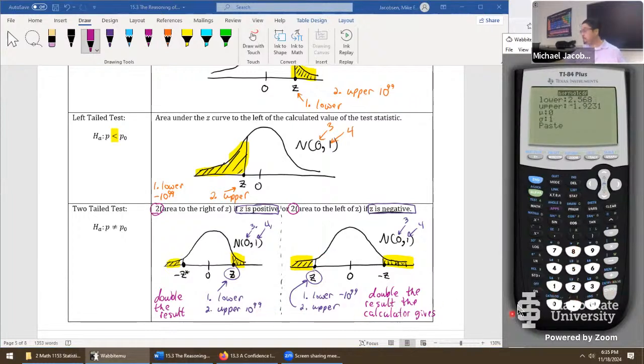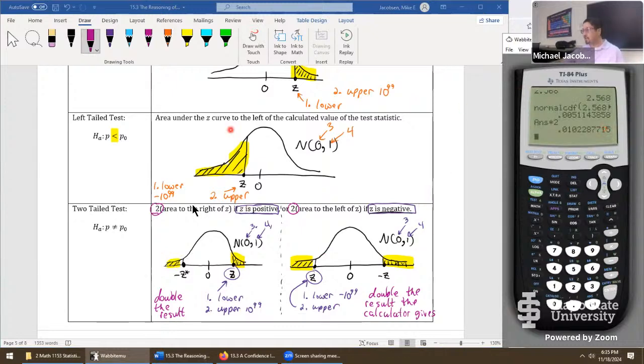Our upper value has to be 10 power 99. 0, 1 for everything else. Then that's not the p-value, that's just this area right here. To get this area added in, through perfect symmetry, go ×2 in your calculator, and that's the doubling. That's our true p-value in that case.